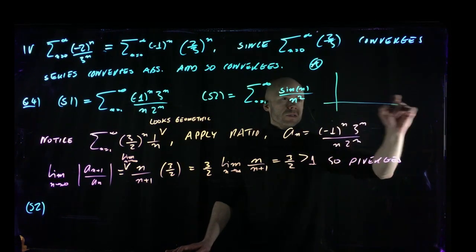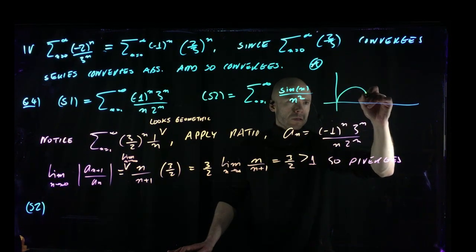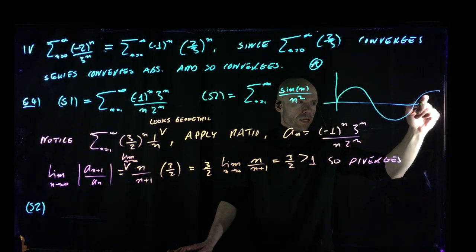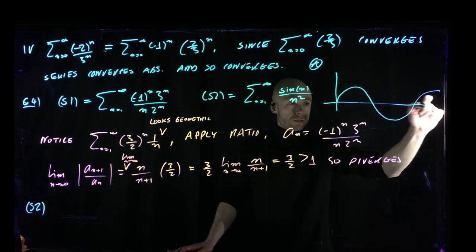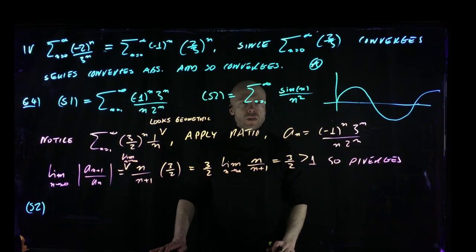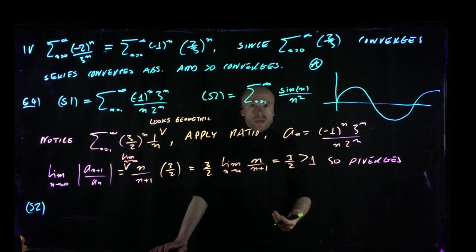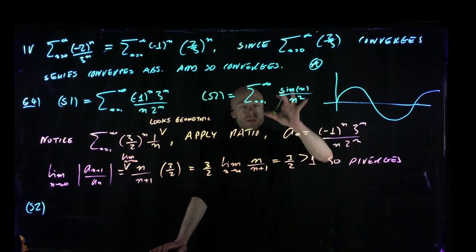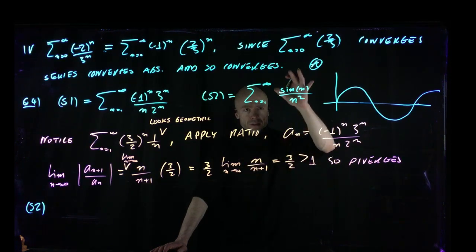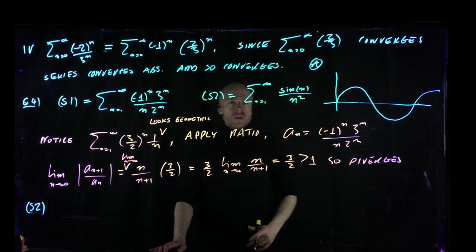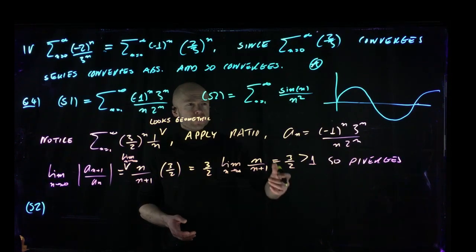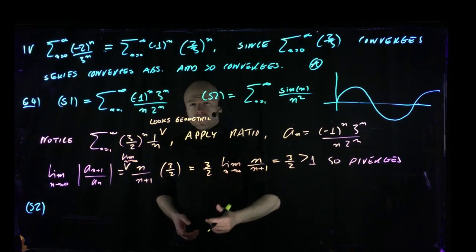We know what the sine graph looks like. And if we just consider the integers, then it's not going to nicely alternate signs necessarily. So this is not something where we can just apply the alternating series test. However, if we simplify matters and take the absolute value, what do we notice? Well, then it does become a sequence of positive terms.